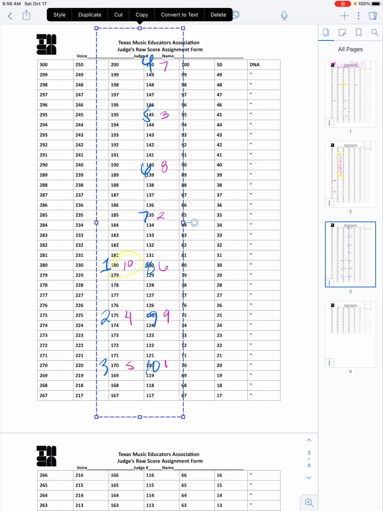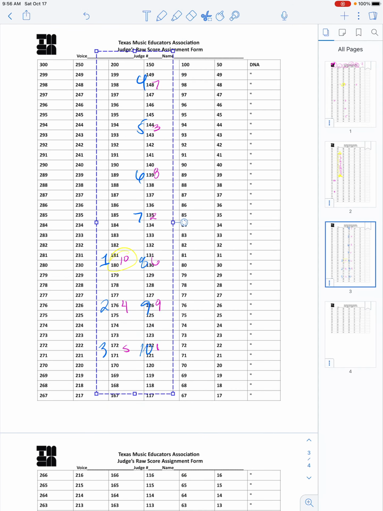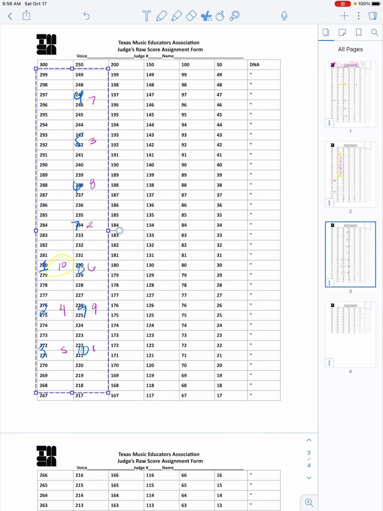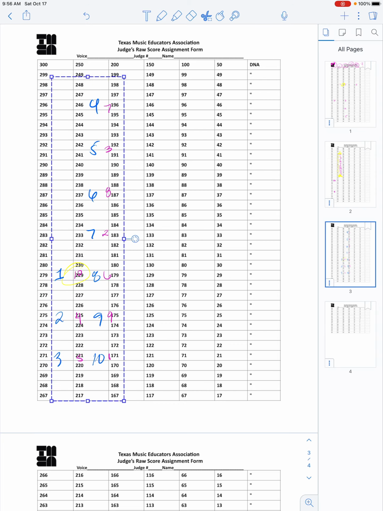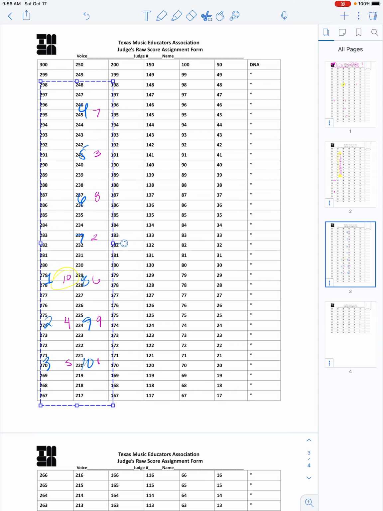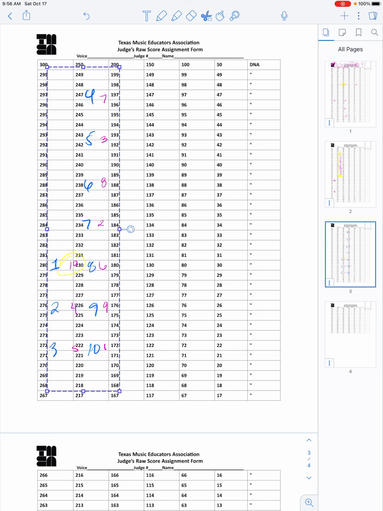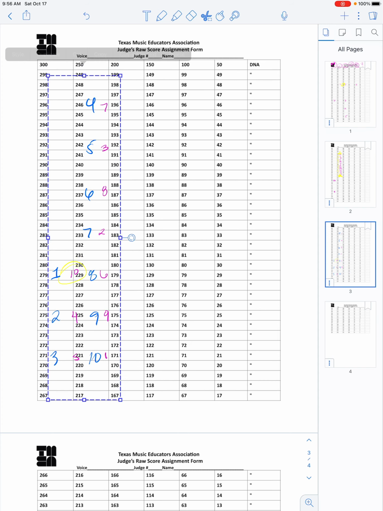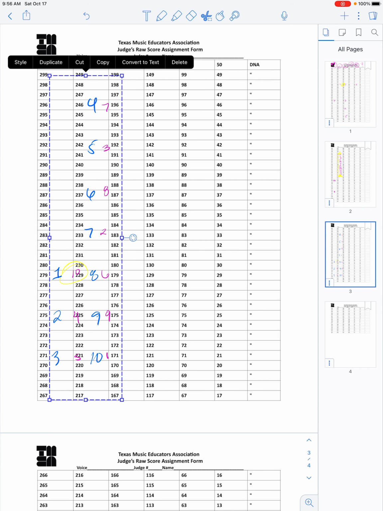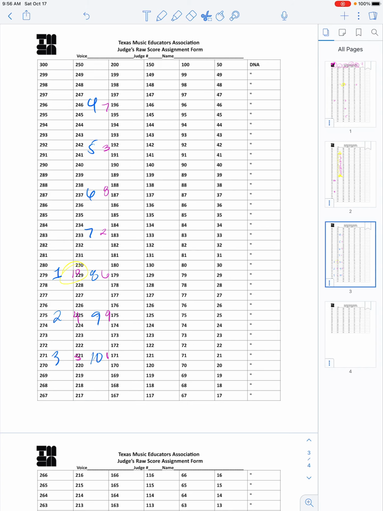It only matters that the judge has organized their ranks appropriately, no matter how spread out they are. You could put them right here. People say, oh no, you can't put too many people in that far left column. But if you've been judging long enough and you know how you use that far left column, this is just as acceptable, with your first chair being at 279 as the other.